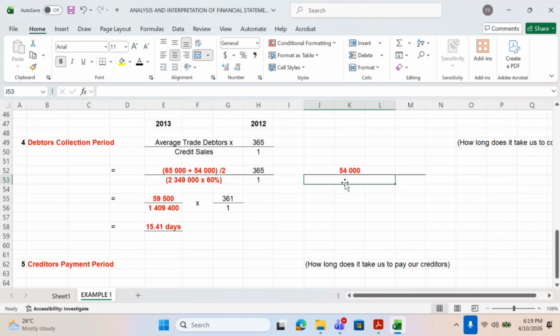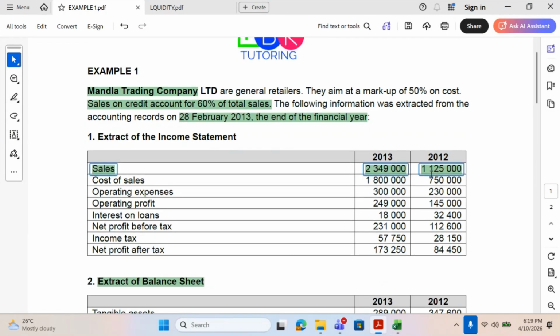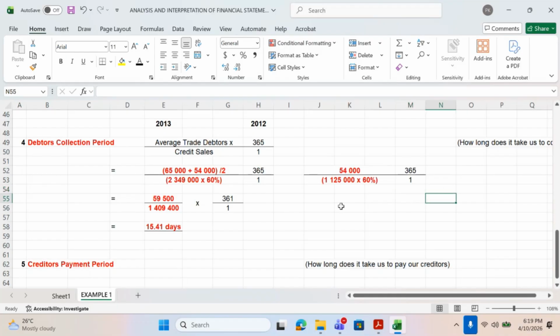And then for my denominator, I need to take my sales, 1,125,000 rands, multiplied by 60%, and then times 365 over 1. I'm still going to have my 54,000 on top.